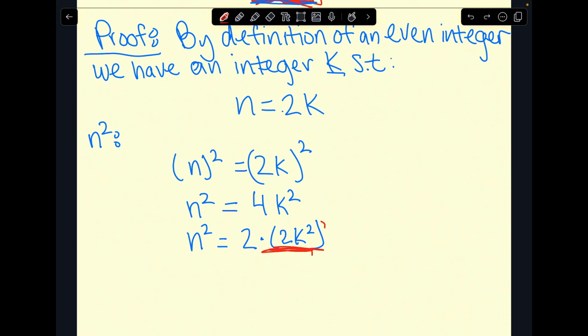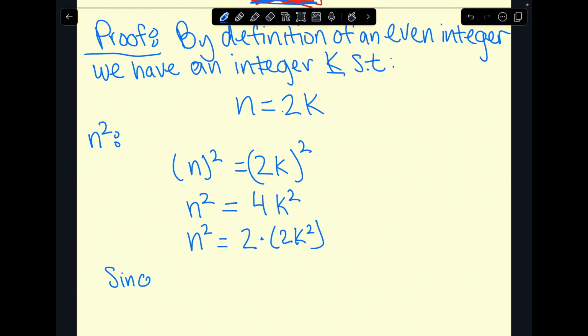So that means this entire term is an integer, and we have 2 times an integer. And what does the definition of an even integer require? That it can be written as 2 times an integer, which is perfect for what we need to complete our proof.